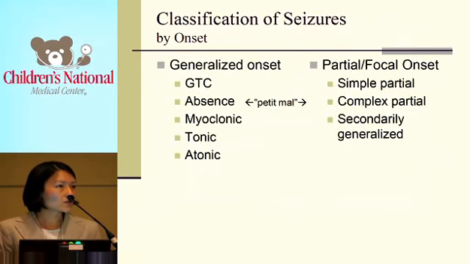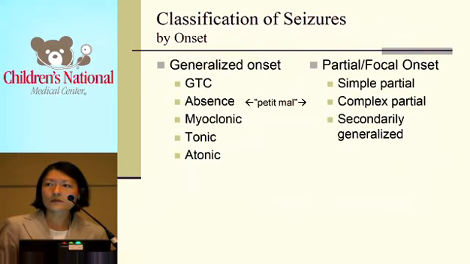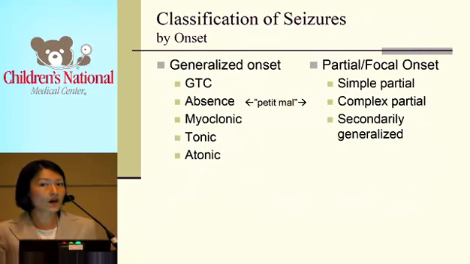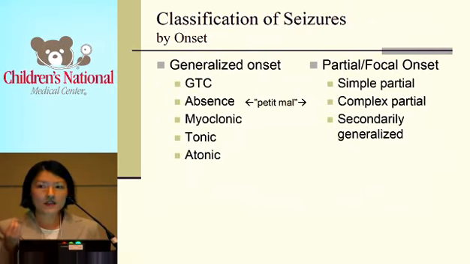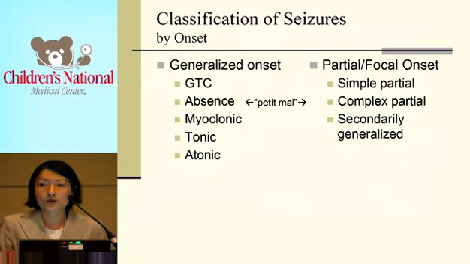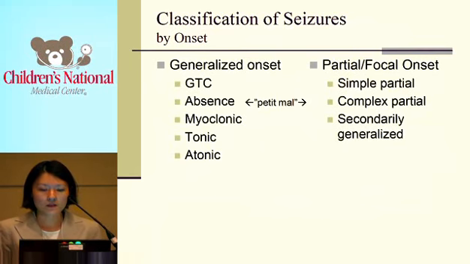Myoclonic, so a sudden jerk of the body or a jerk of a limb that's related to sudden muscle contractions. Tonic, just increased tone of the muscles. Atonic, loss of tone. So when we hear about drop seizures, we will very often think about whether they could be due to tonic seizures or atonic seizures if they truly were due to seizure activity.